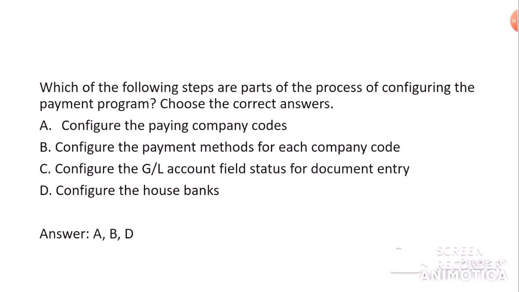For the APP, the configuration is configuring the paying company codes, configuring the payment methods for each company code, and configuring the house banks. There is nothing related to GL account field status for document entry. So A, B, D are the answers.